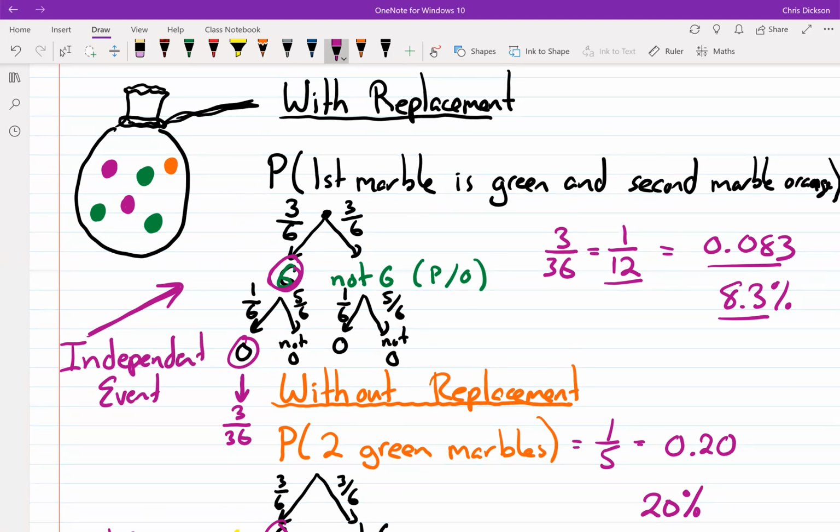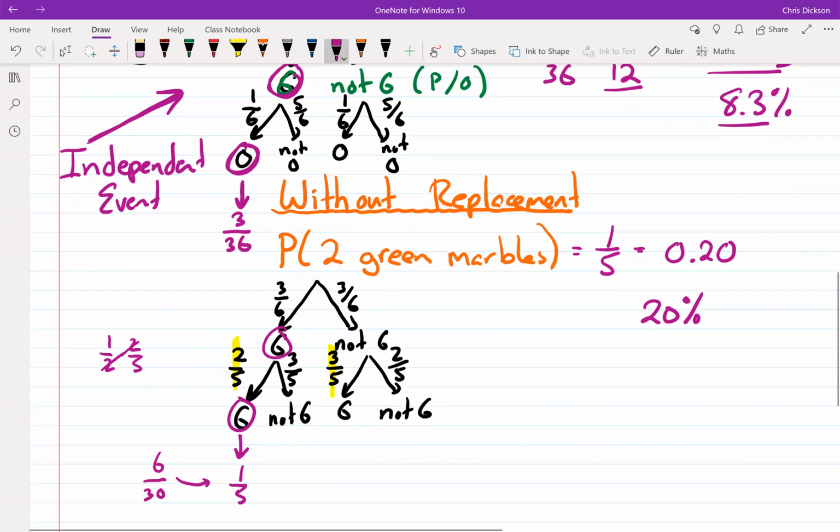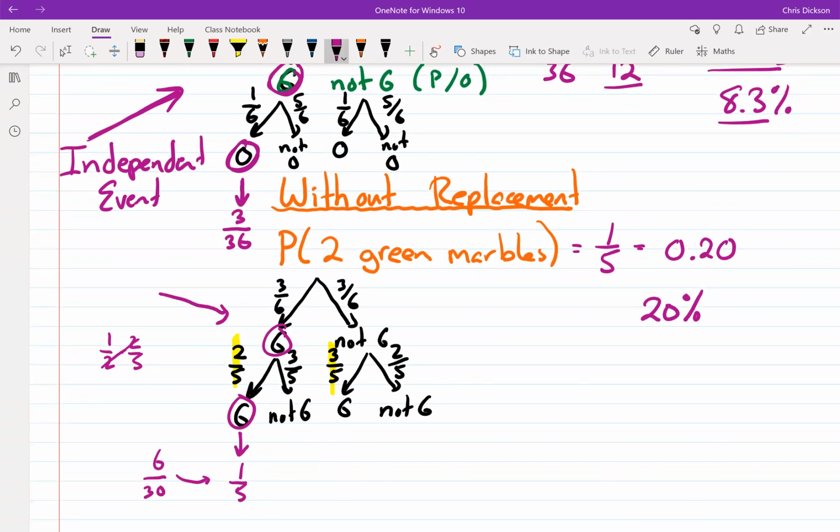So the second event right here of getting an orange, it really doesn't matter what you got the first time because you put the marbles back in the bag. So there's no change on the number of items there and how many of the ones you would want. However, the second question, notice how the probability changed here because you did not replace the marble. So we would say that if you don't replace it, this is an example of dependent events.